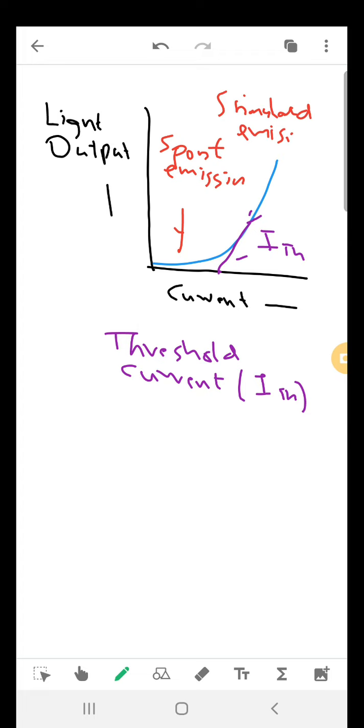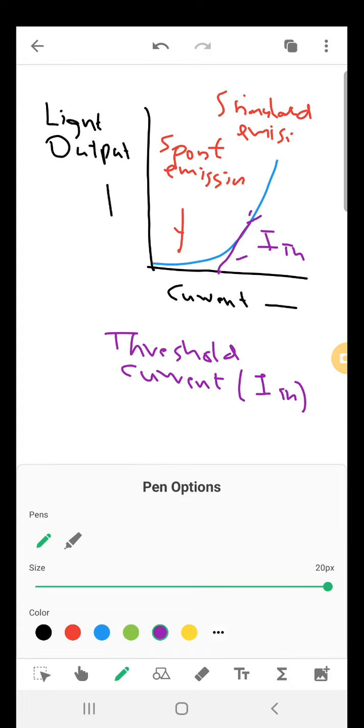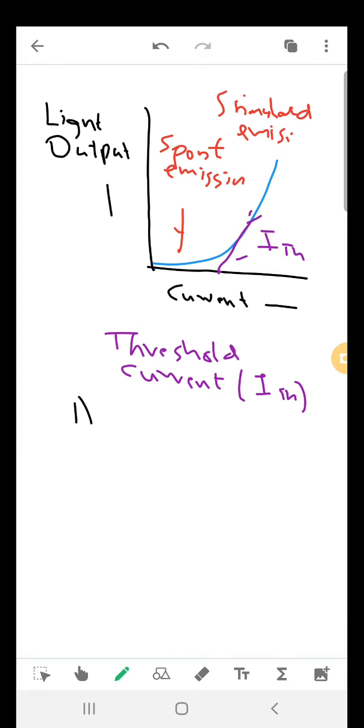Now, the nature of the spectral output also changes, as incoherent spontaneous emission below the threshold is eventually replaced by a dominant laser mode at threshold. So basically, we have three types of output intensity versus frequency. The first one is below threshold current.